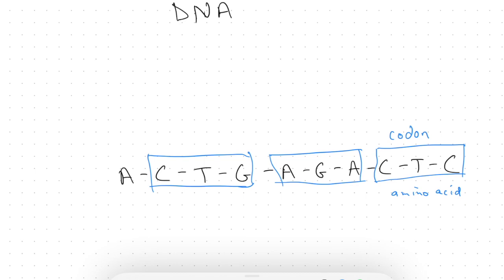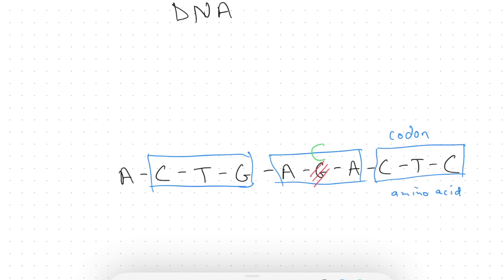Now, a mutation can occur during the process of replication, when the DNA is duplicated to form new cells, and mistakes can occur. So maybe during that process, this little G here is mistakenly replaced with a C instead.